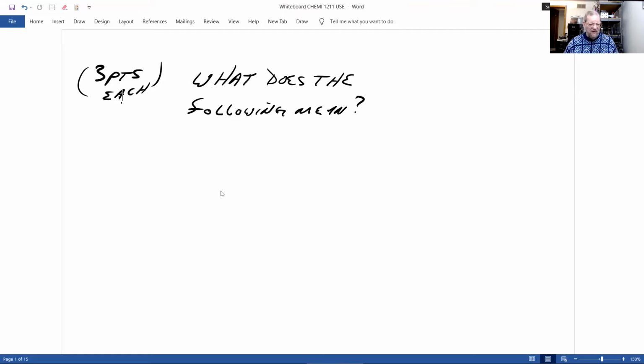What does the following mean? 3 points each. And I'll do this one. Remember, capital M is the abbreviation for molarity.